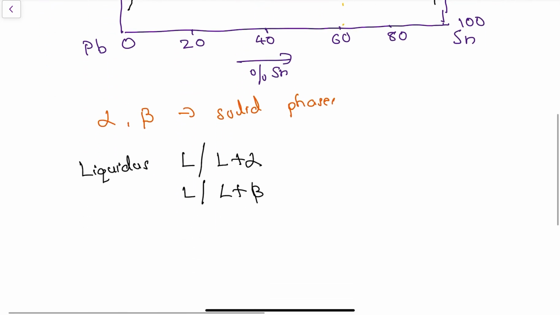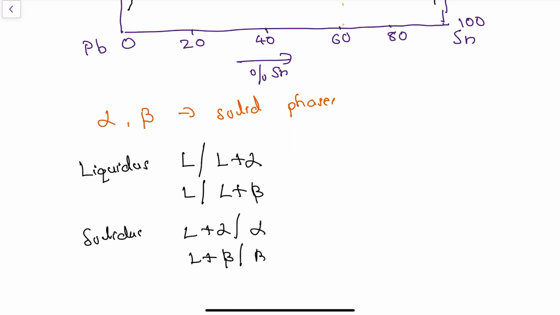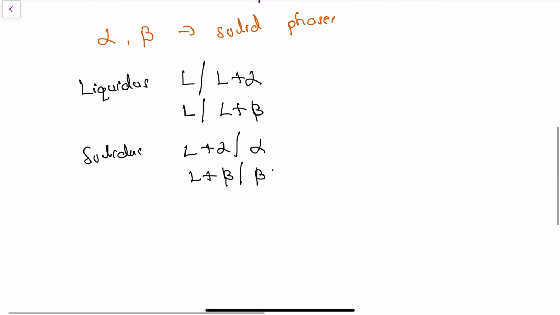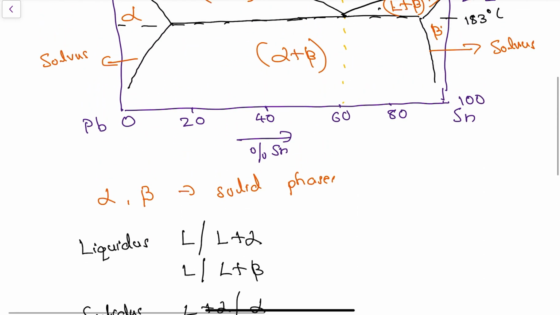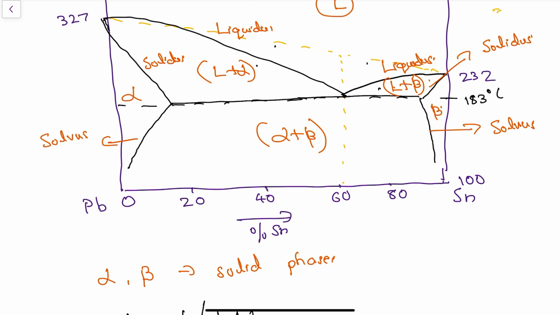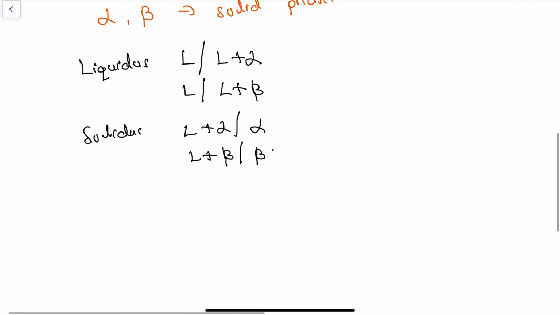And the solidus line is the interface between liquid plus alpha and alpha, and then liquid plus beta and beta. So this is the solidus line. And what is the solvus line?